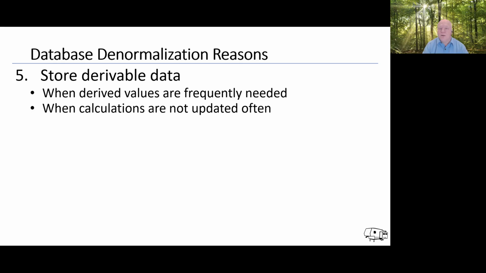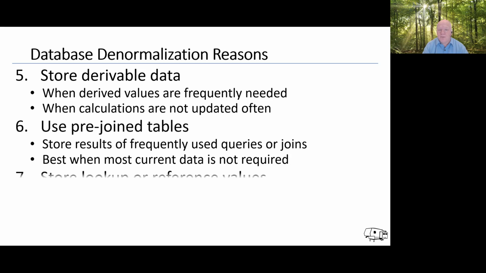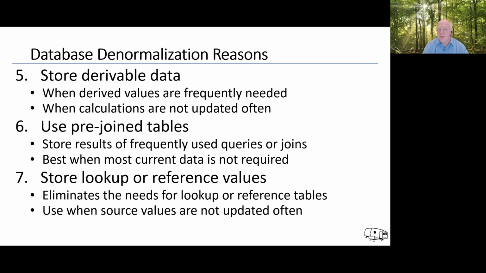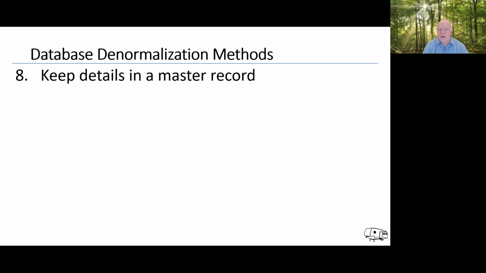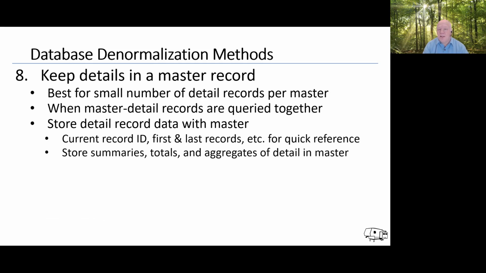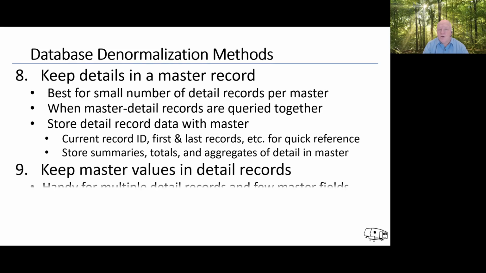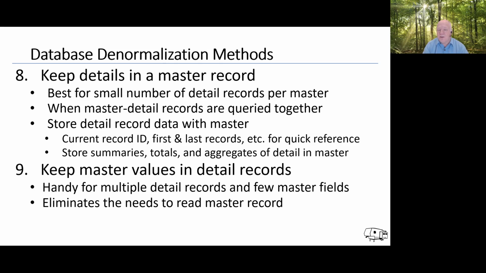And we can store data that's normally derived at runtime so that we can access it more frequently. We can pre-join data together so that we can simplify those queries, and store or look up our reference values to make that even quicker. We have some use cases where we may want to keep details in a master record, or we may want to keep detail or master values in a detail record so that we don't always have to keep looking them up all the time.